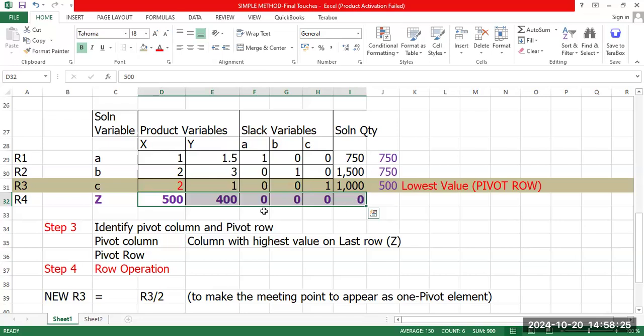You don't want to see positive values on your final table. And the most focus is on the product variables. We don't want to see positive values on your final table.